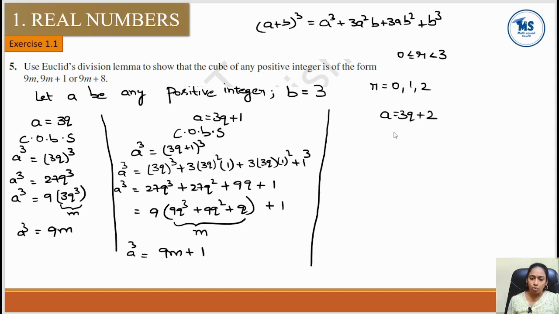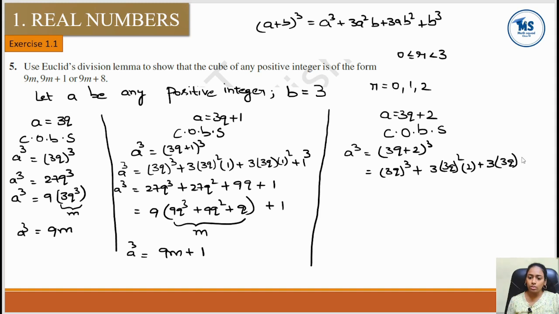Now consider this form, a is equal to 3q plus 2. Again cubing on both sides, a cube is equal to 3q plus 2 whole cube, which we can write as 3q whole cube, plus 3 into 3q whole square into 2, plus 3 into 3q into 2 square, plus 2 cube.